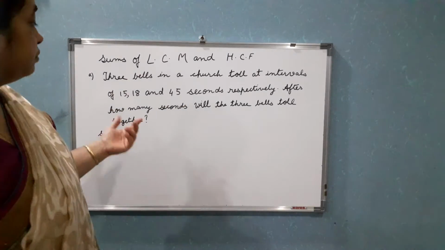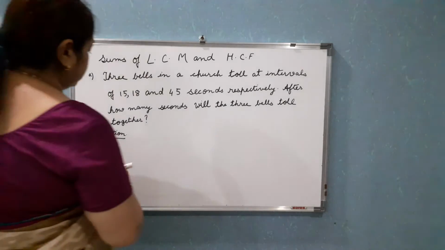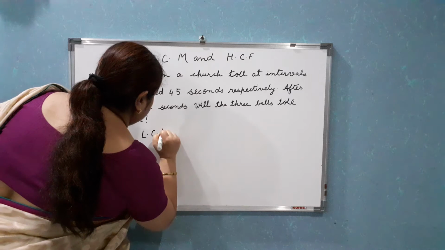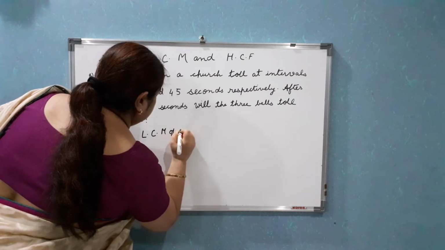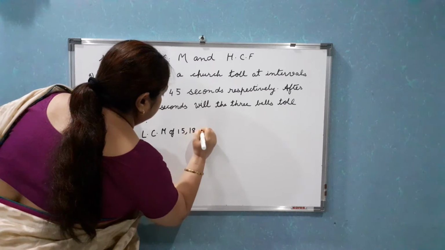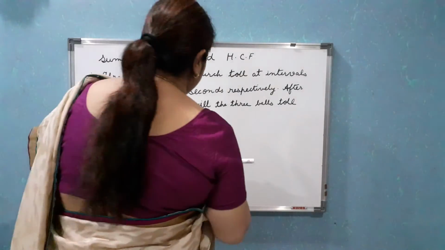So after you will get the answer by finding the LCM. So LCM of 15, 18 and 45. So find out by common division method.